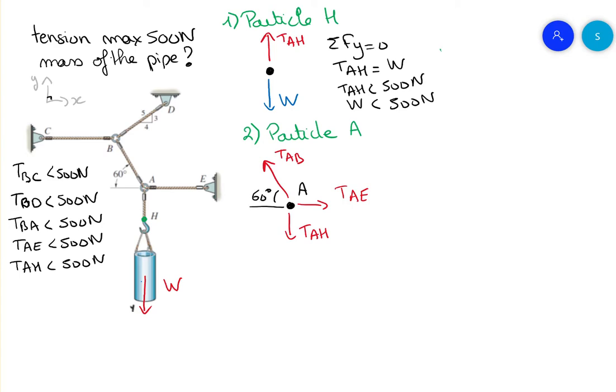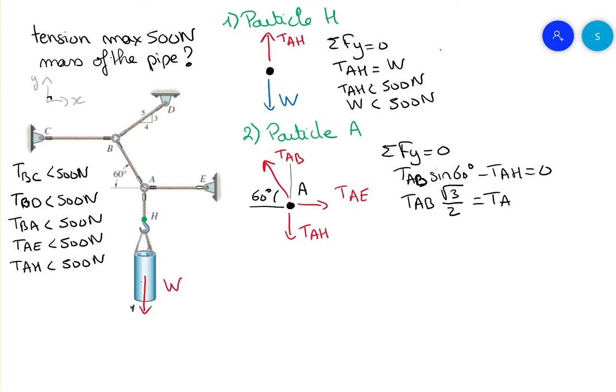Okay, let's do forces on Y first. So we can express TAB in terms of TAH. So we do sum of the forces on Y equals 0. We get TAB times sine 60 minus TAH is equal to 0. So we have TAB times square root of 3 divided by 2 equals TAH.